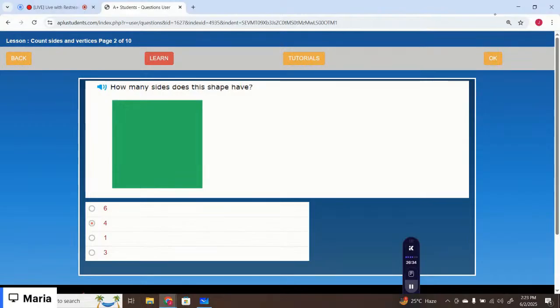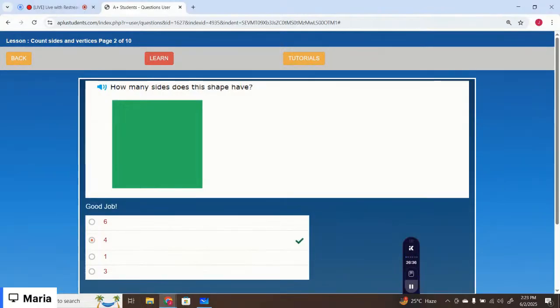That is a four-sided shape, a square. Option number two is the correct option.